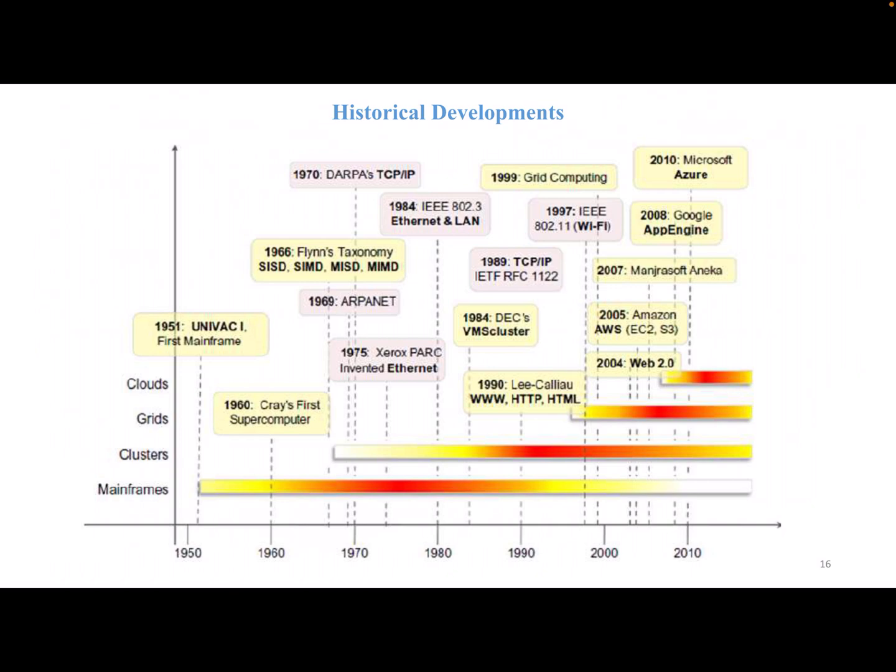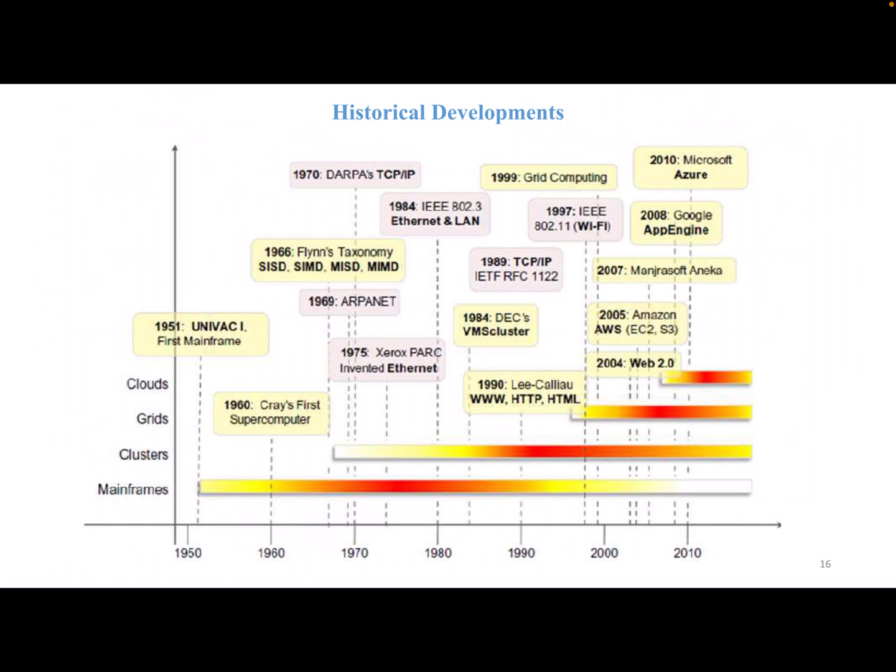You have the x-axis and y-axis, where they discuss clouds, grids, clusters, and mainframes, and also when the first mainframe was introduced and what Web 2.0 is. It also shows Microsoft Azure, Google App Engine, Aneka, and many other grid computing systems, represented over the years.